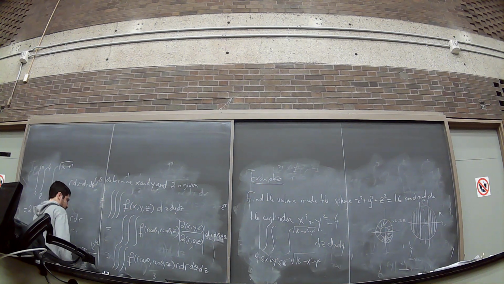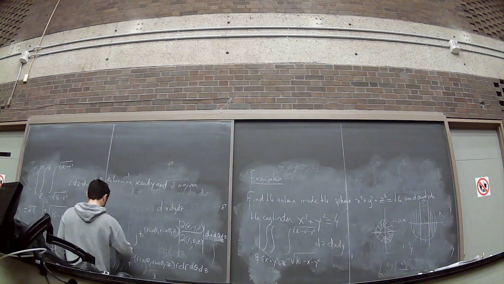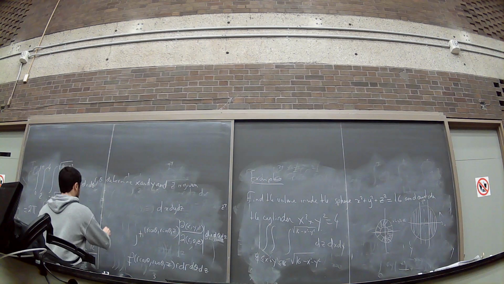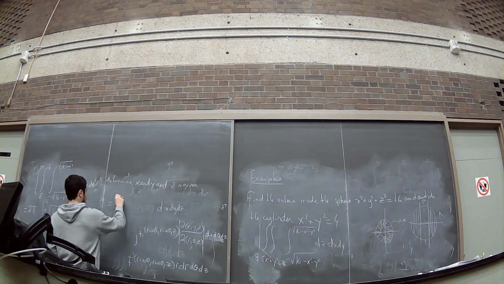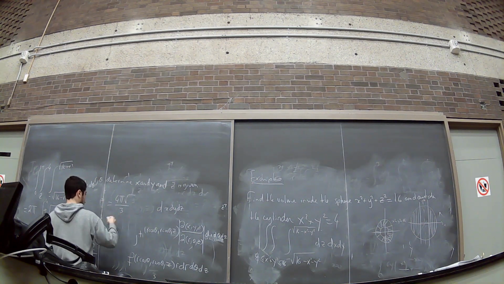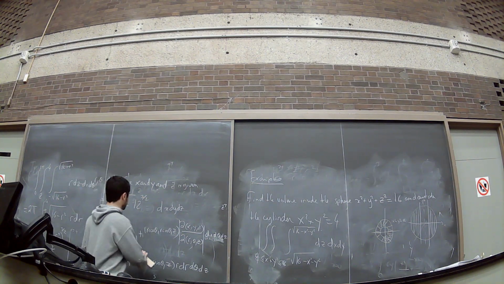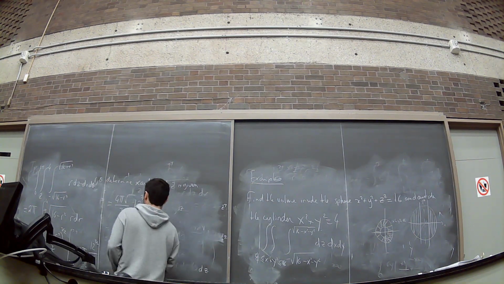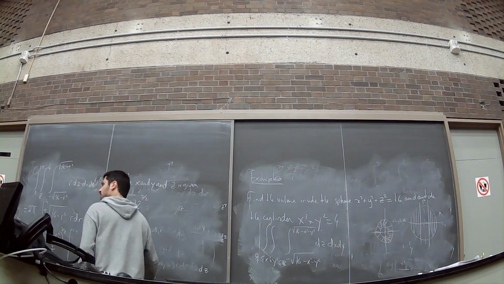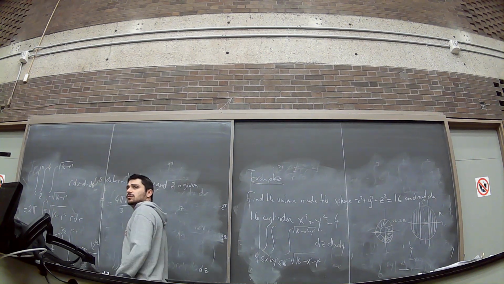So you get 4 pi over 3 times 12 to the 3 halves. Is that it? Does that look good?